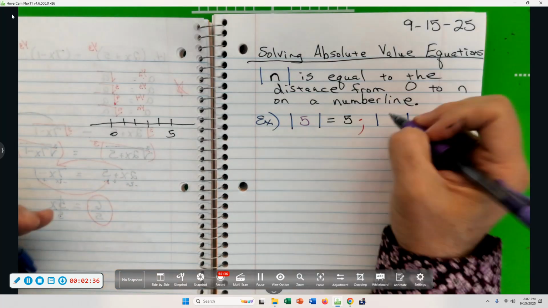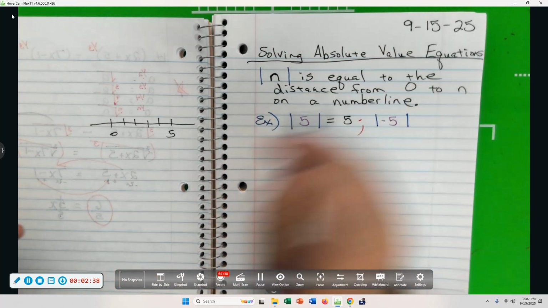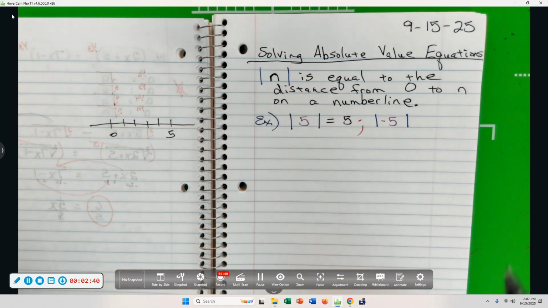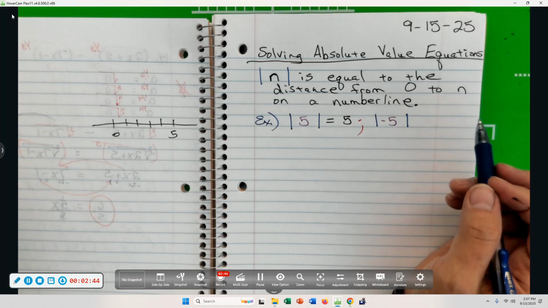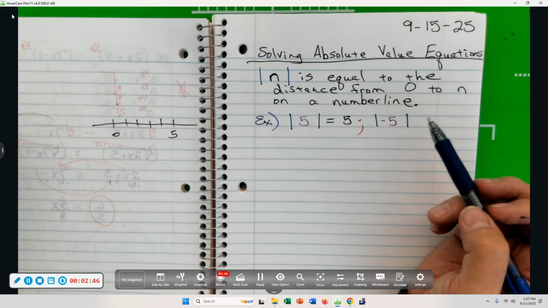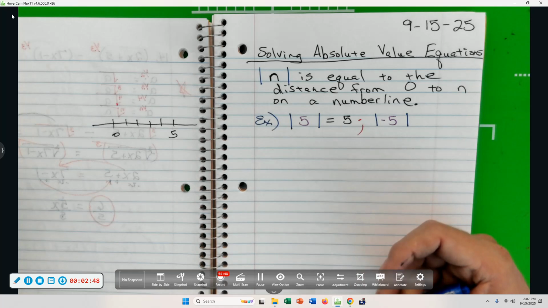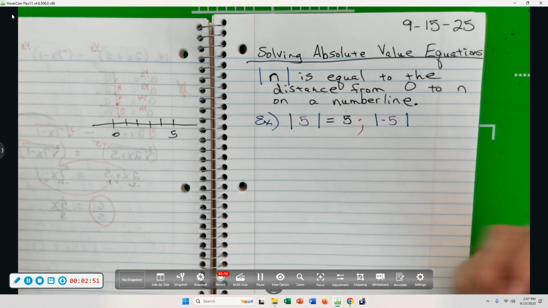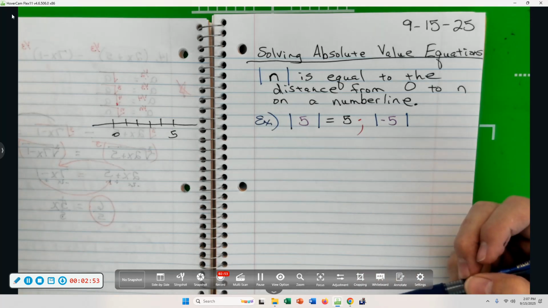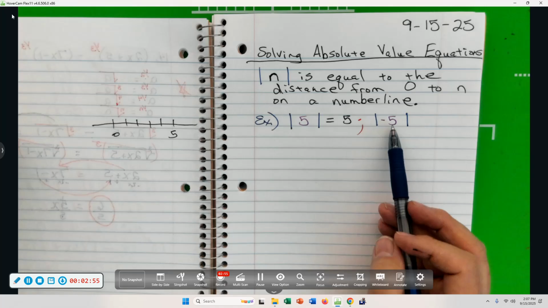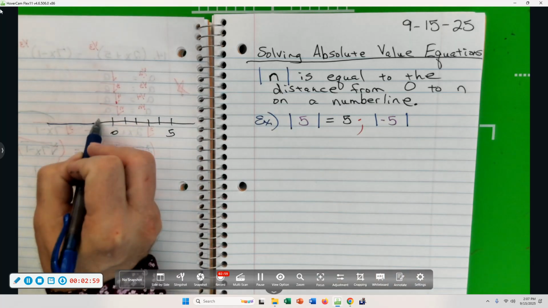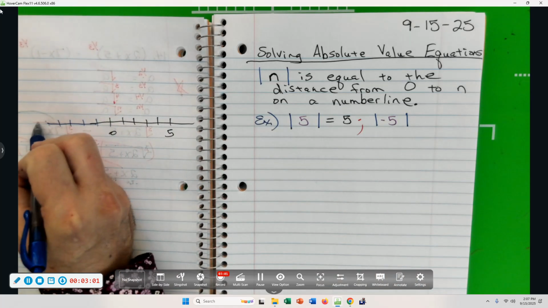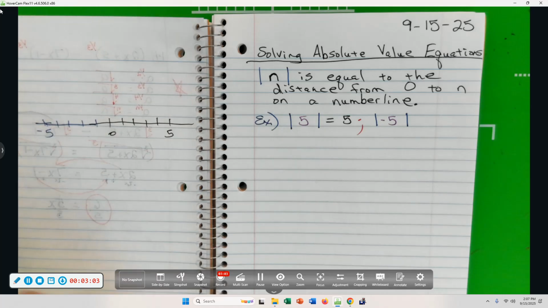The absolute value of -5. How far is -5 from 0 on a number line? And let me ask you something. If I said, oh, you're sitting -5 feet away from me, would that make sense? No. The distance from -5 to 0, -5 is over here on this side of the number line.